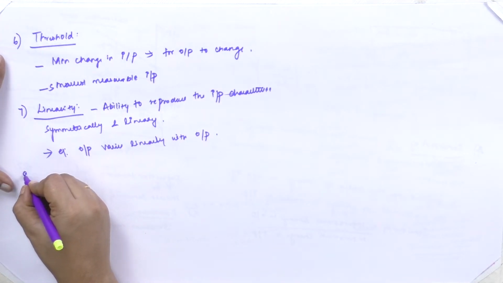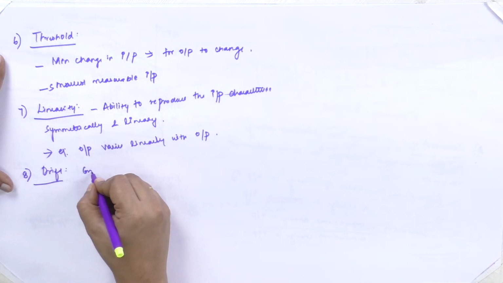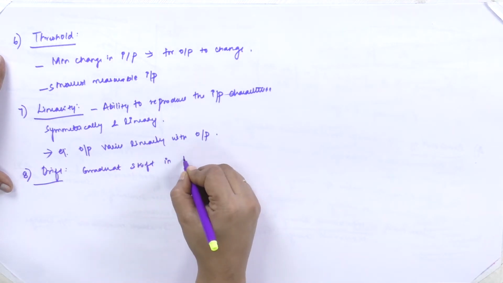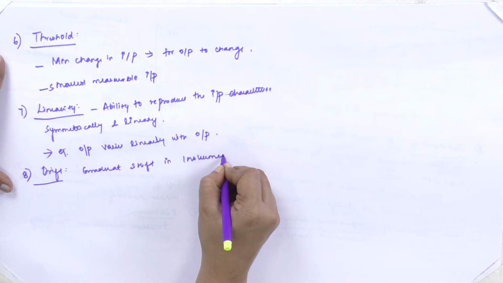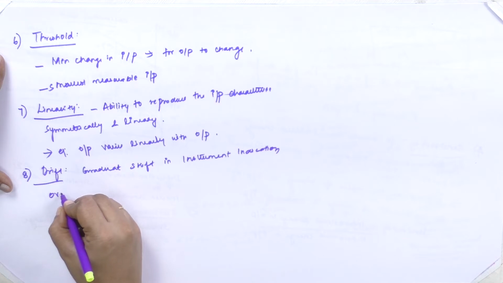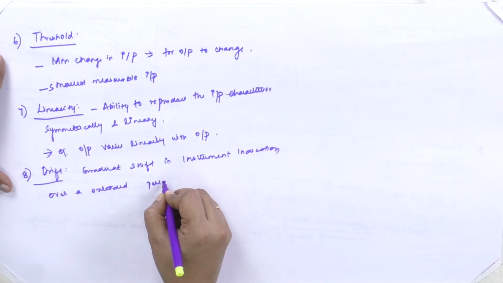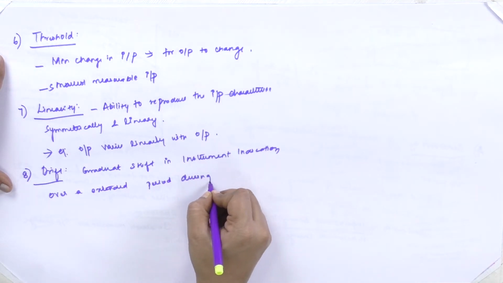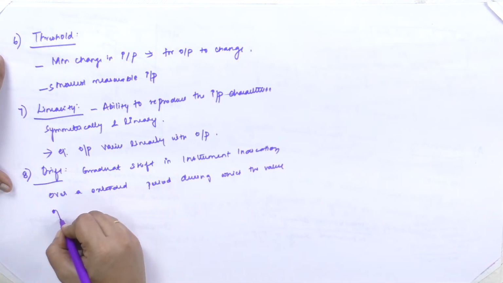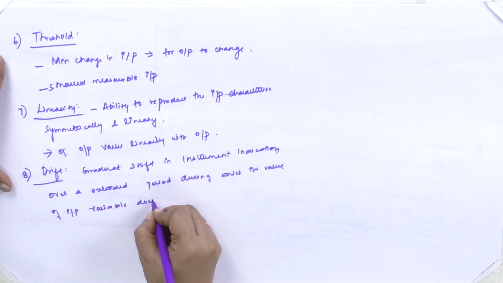The next static characteristic is drift. It is the gradual shift in instrument indication over an extended period during which the value of the input variable does not change.